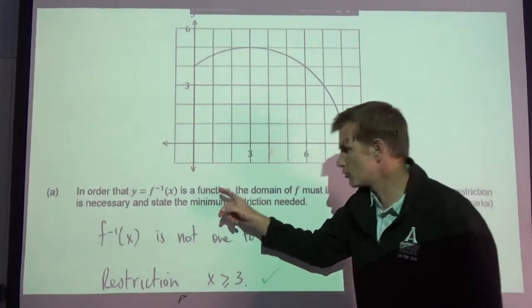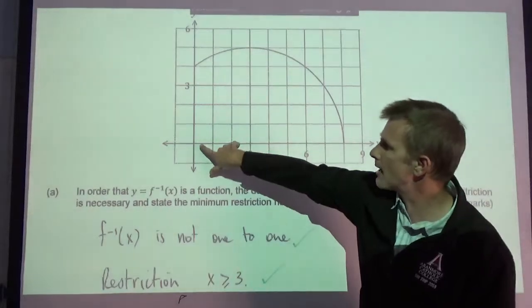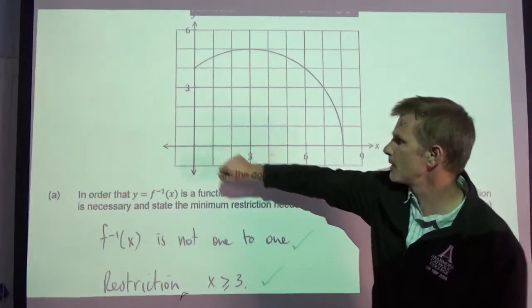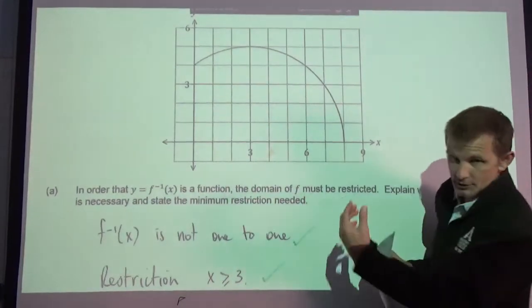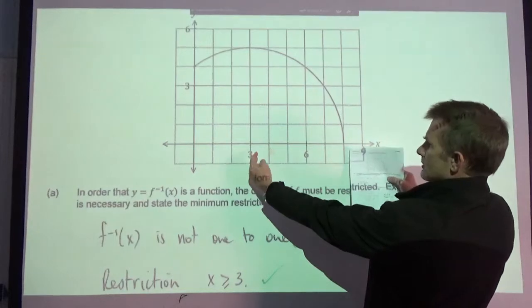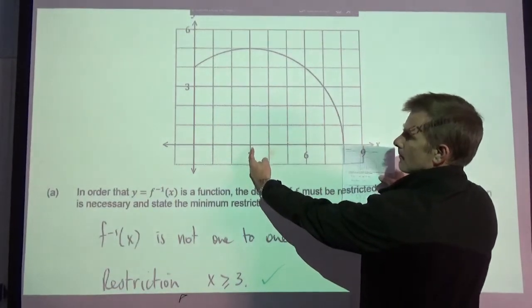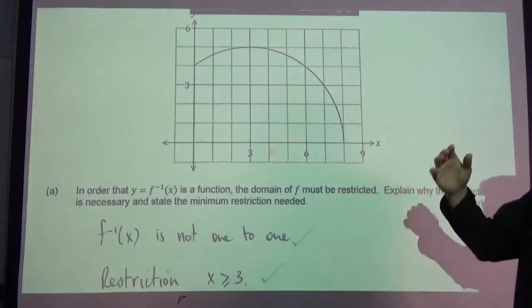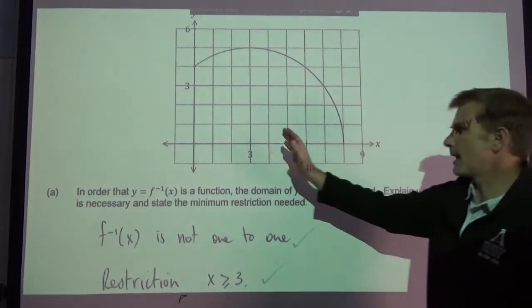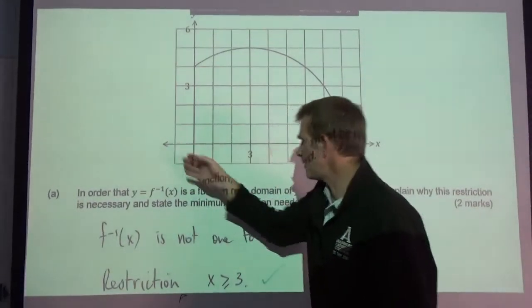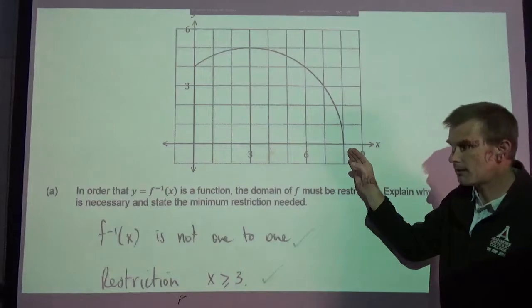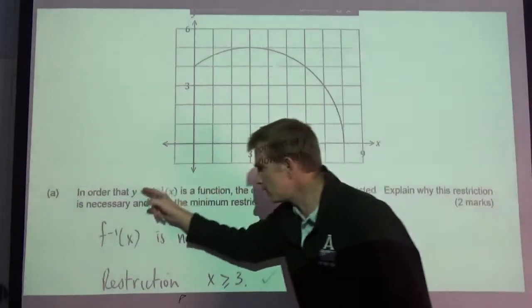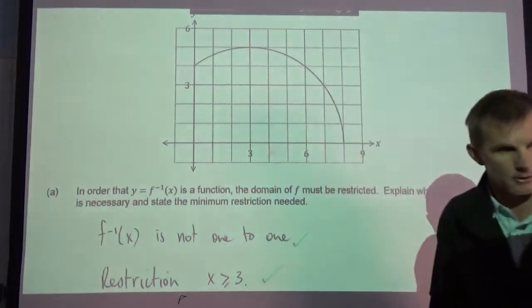But because I want to do the minimum restriction, knocking out 3 in the domain is a lot better, or it's a smaller value, than knocking out 5 out of the domain. So if it didn't say minimum, there'd be 2 answers here. But because it says minimum, I really have to knock out the 0 to 3 part, leaving the 3 to 8 part, and therefore then the inverse is then going to be a function.